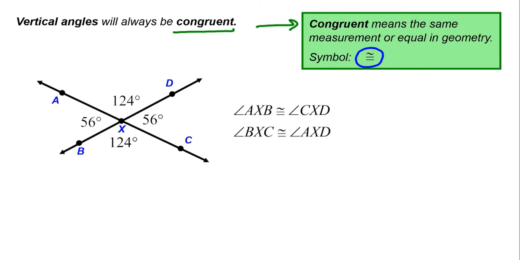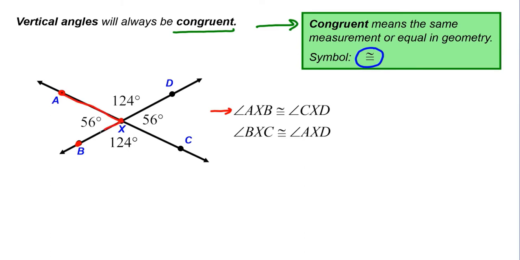So here I have this diagram, and I've got, again, two lines crossing, and I've got a bunch of angles here. So I have angle AXB is congruent to angle CXD. That's what this statement says right here. That means they're the same measurement. So if we trace these angles out, here's AXB.